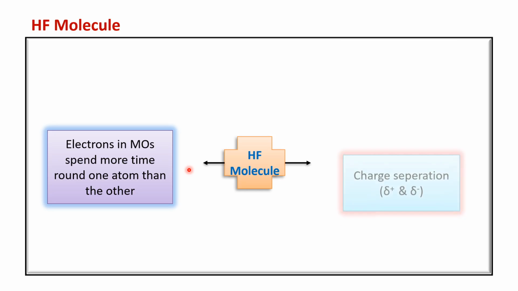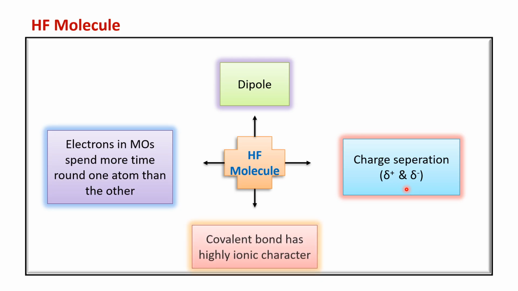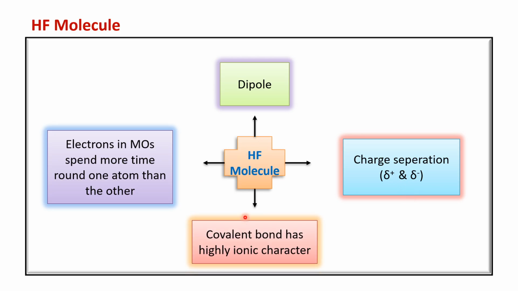And hence, there will be charge separation such as delta plus and delta minus on the atoms, due to which it develops a dipole. There will be a formation of the dipole on the molecule, and hence we can say that in case of the HF molecule, the covalent bond that is formed has highly ionic character. So this is regarding the HF molecule.